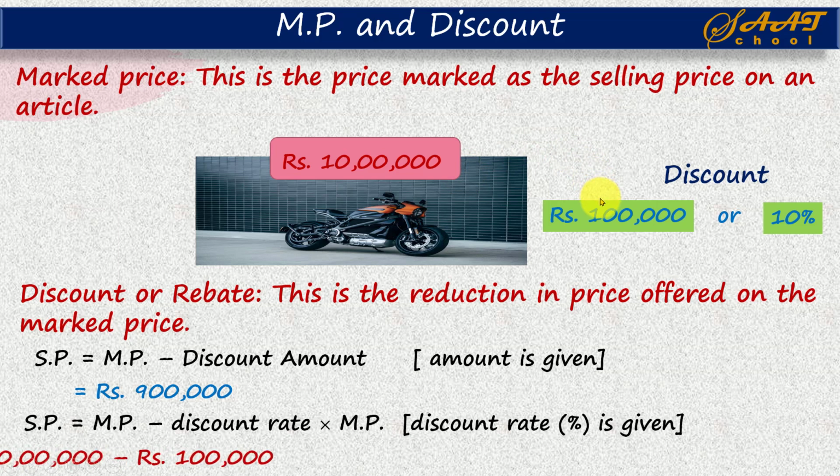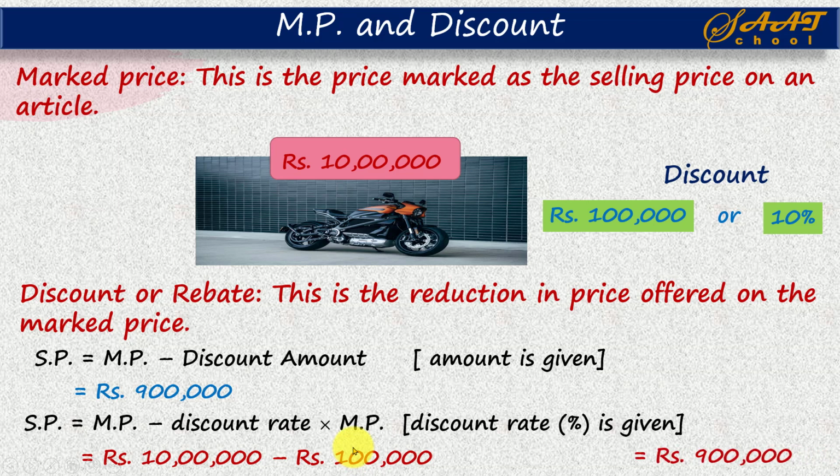So simply, MP is 1 million, and if you calculate the discount amount using the discount rate, which is 10% of this 1 million, it is equal to 100,000, and the selling price is simply 900,000.